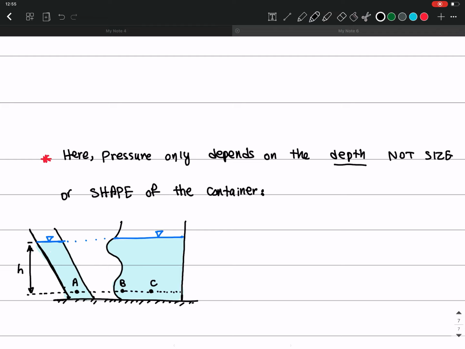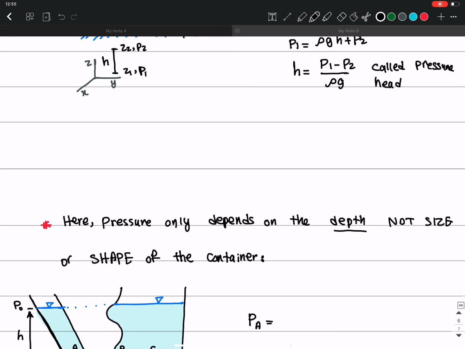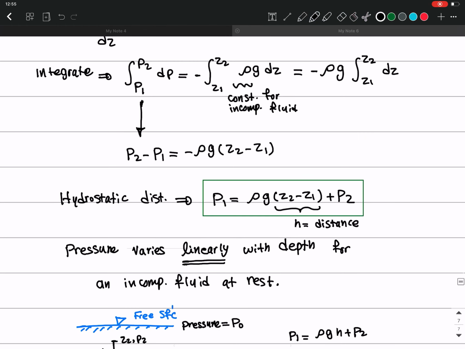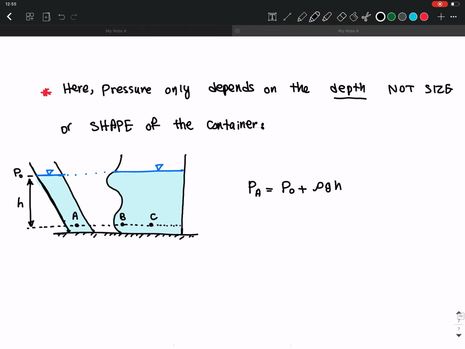So let me write down. PA, the pressure at A, and here we have the atmospheric pressure, or P naught, is going to be, this is the formula, right? P naught plus rho g times h.